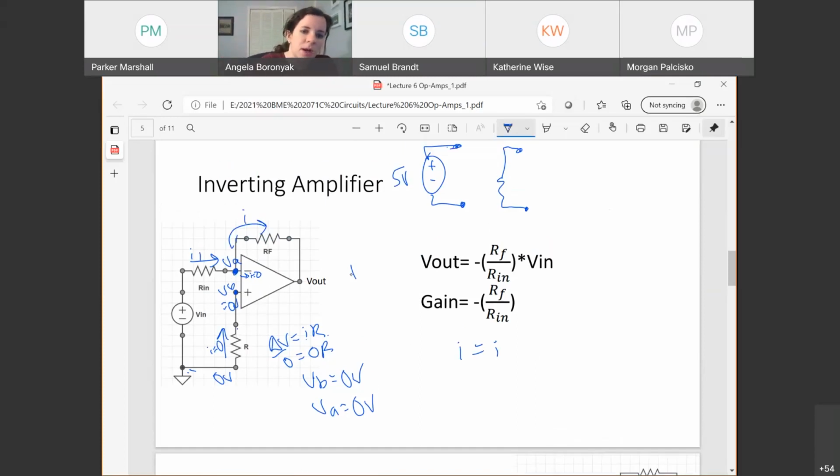I'll label them. We'll call my I1 I2, just to be consistent. So how am I going to write I1? Again, I like my I's when I do nodal analysis to be written as fractions of delta V over R. I1 goes from what voltage to what voltage over what resistance?